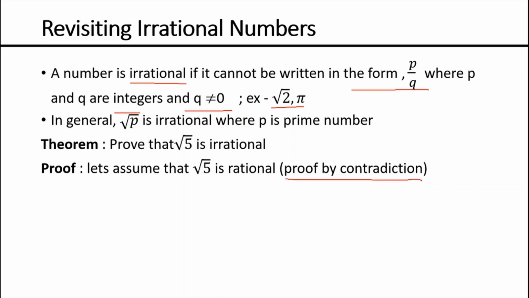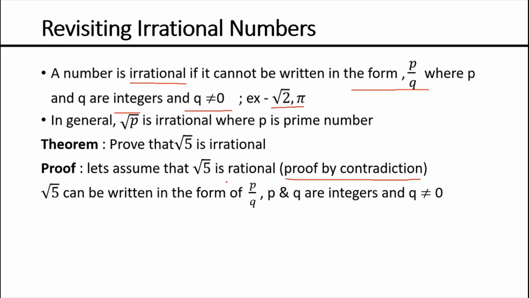Proof of contradiction establishes the validity of a proposition by showing that assuming that proposition as false results in a contradiction. What I'm trying to say is that we will assume something and then we will arrive at a situation which will contradict our assumption. Let us have a look at the proof.